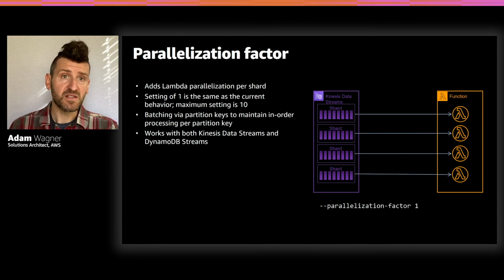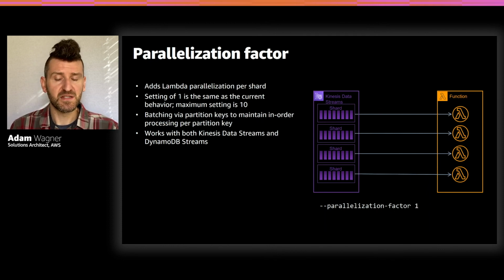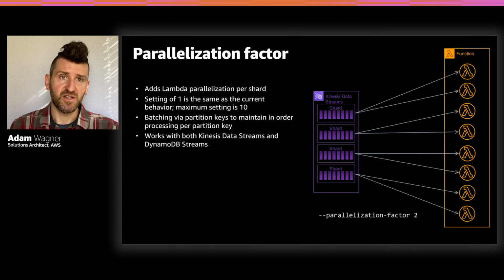The one limitation this means is that if you have a giant spike in a single partition key, so a ton of records are getting pushed into the stream, and they all have that same partition key, then this isn't going to help you. But in most situations, that shouldn't be the case, right? So you might need to think about a different partition key if it is. But this is a great option to just increase the overall throughput.